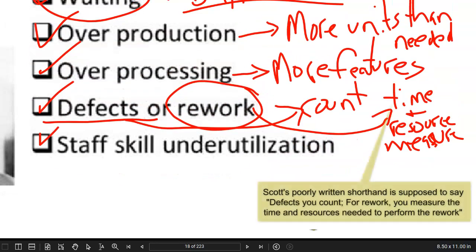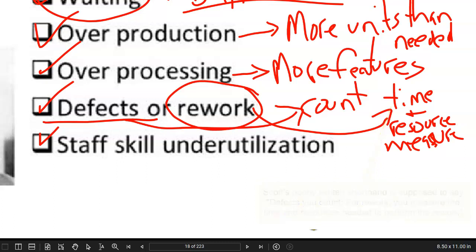The eighth waste he added a bit later, and it's about staff skill underutilization. The idea behind this is that not developing the skills of the process workers and people associated with the process activities is wasteful. We want to continue to provide new capabilities, new skills for our process workers. Part of staff skill underutilization is around effective professional development.